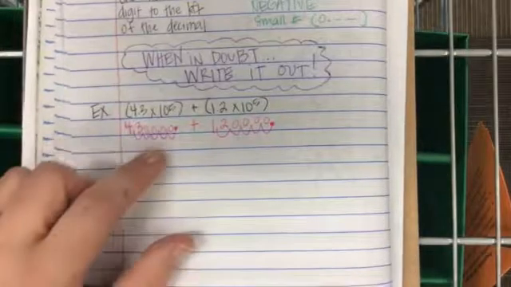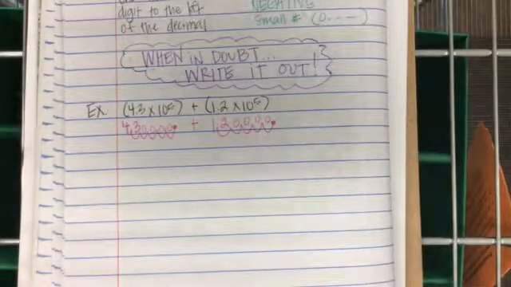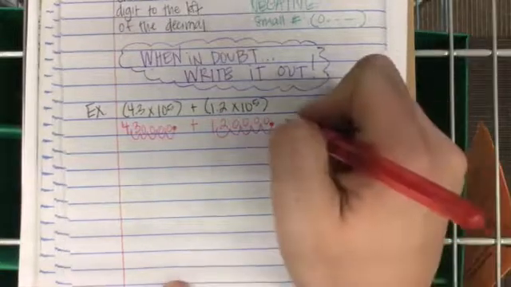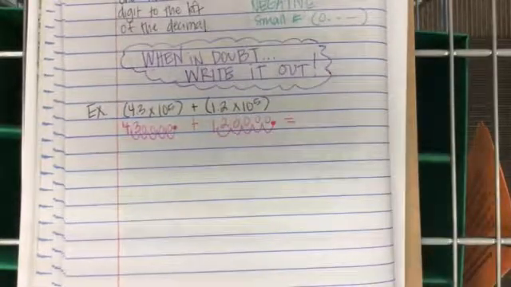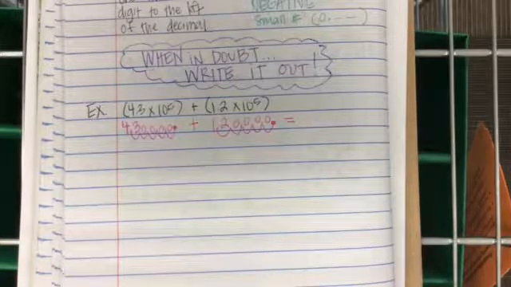Oh wait, I know how to do this, don't you? I mean, this is just adding, right? Grab a calculator. What is 430000 plus 120000? Zoe, what'd you get?